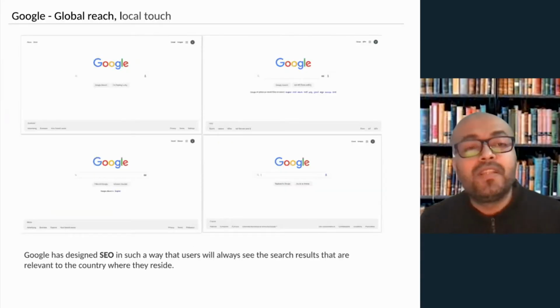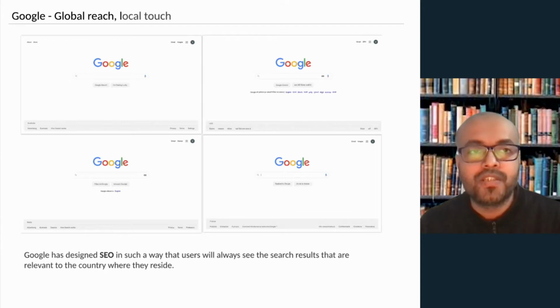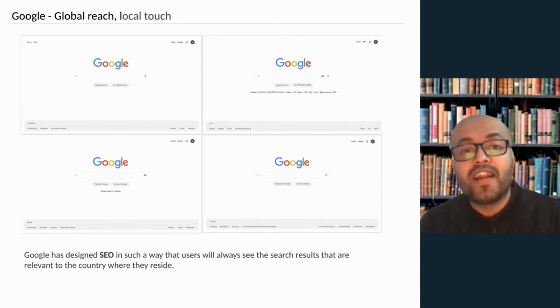Let's take the best example of localization, Google. Google is really a brand in terms of internationalization because it proves true to the tagline "Global Reach, Local Touch." It has designed search engine optimization in such a way that users will see search results that are relevant to the particular country where they currently are.